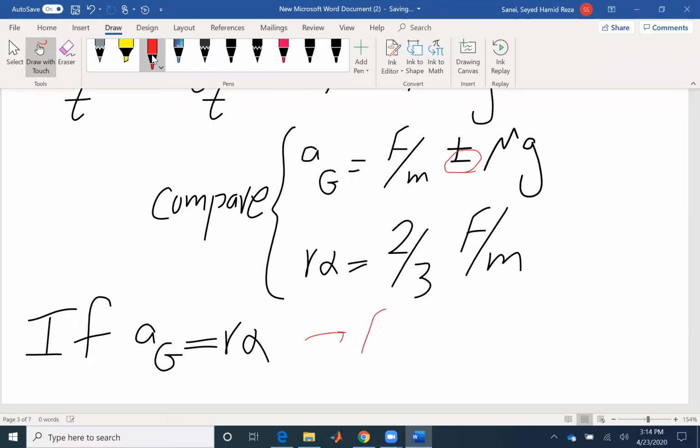So the friction force is a negative value, or to the left.